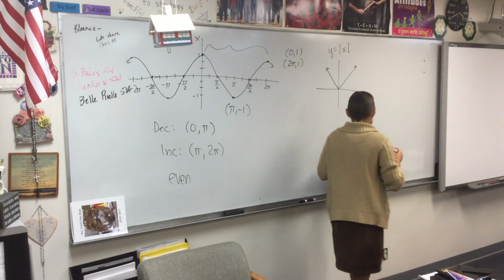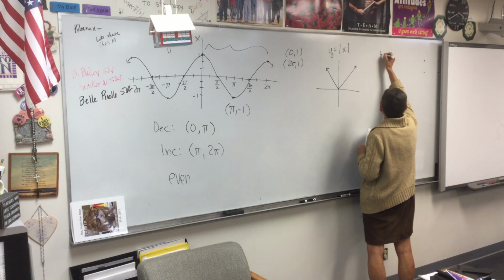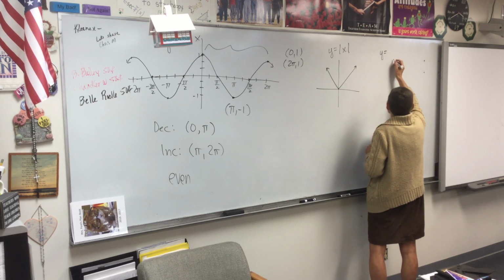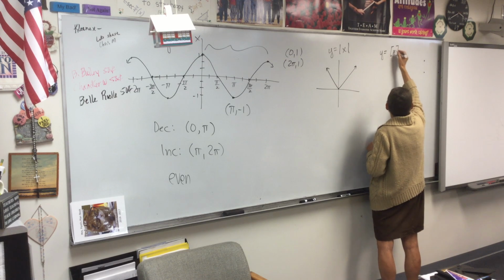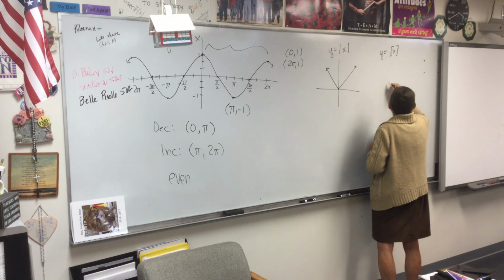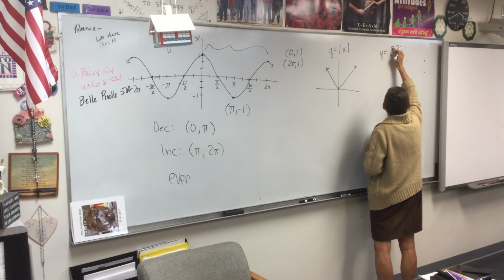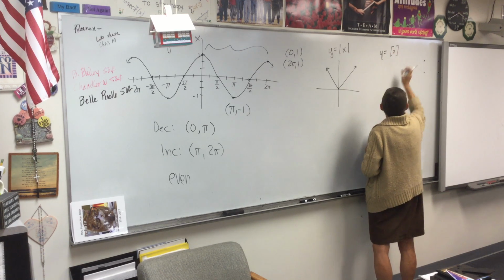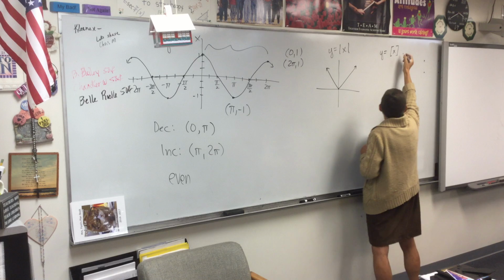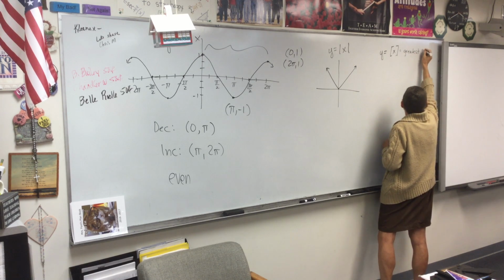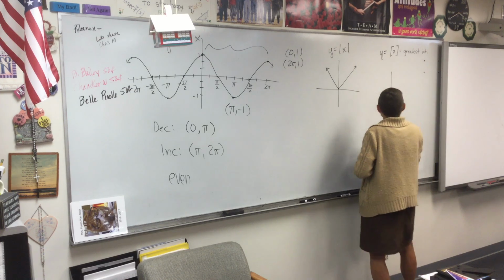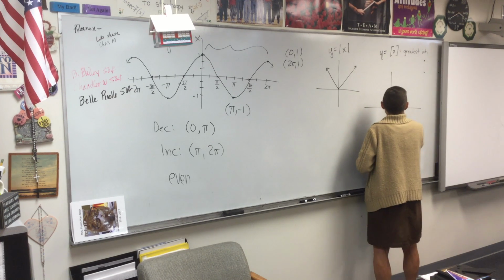That's absolute value. The greatest integer function is my least favorite. And different books use different notations. I'm going to go ahead and just use brackets and not that funky stuff. This means greatest integer. I do not like this function personally.